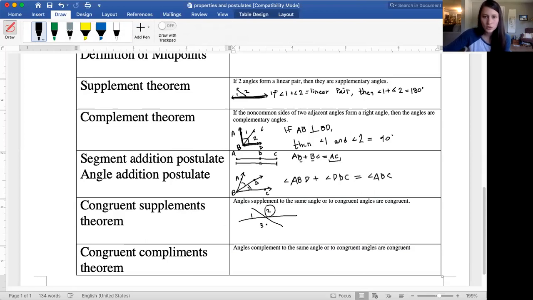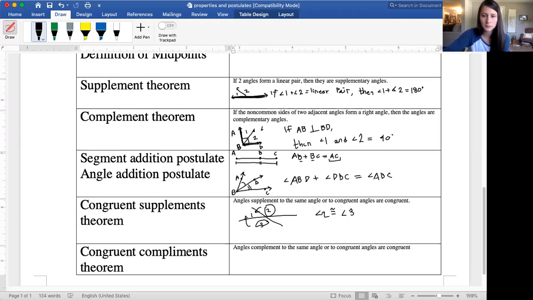So I have angle 2 and angle 3 are supplement to the same angle. Therefore, angle 2 is equal or congruent to angle 3. So my picture is not the greatest. Maybe you can draw a better one. But what this is saying is angles supplement to the same angle are congruent, or two congruent angles are congruent. So if they are supplement to the same angle, then these two angles will be congruent.